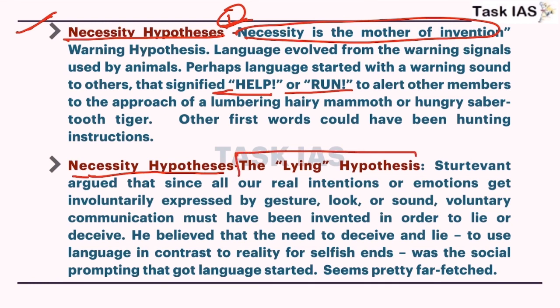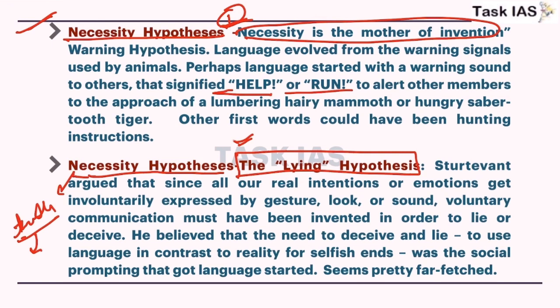Now, the second necessity hypothesis. According to it, this is more interesting. Humans have a tendency to express themselves, and this was more involuntary. This involuntary action led to a display of truth, for example hunger or pain or pleasure.